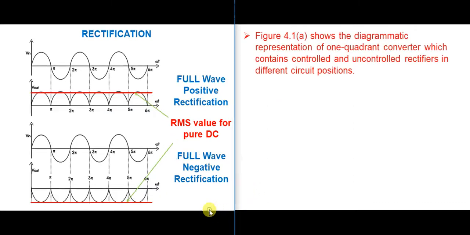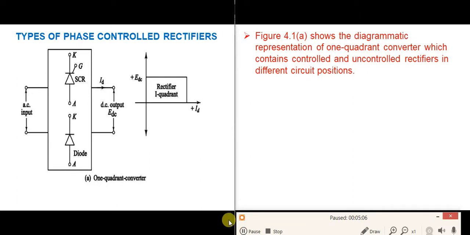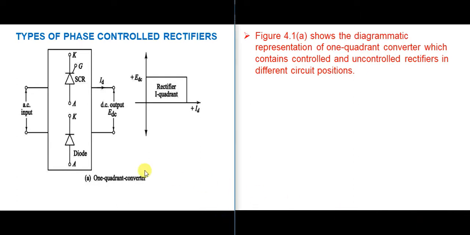Now, figure 4.1a shows a diagrammatic representation of a one quadrant converter which contains controlled and uncontrolled rectifiers in different circuit positions. Why is it called a one quadrant converter?